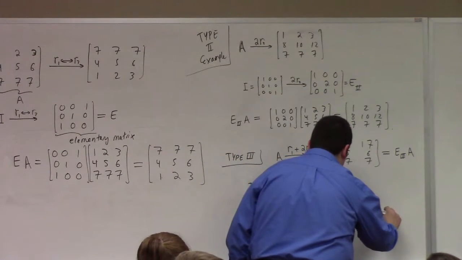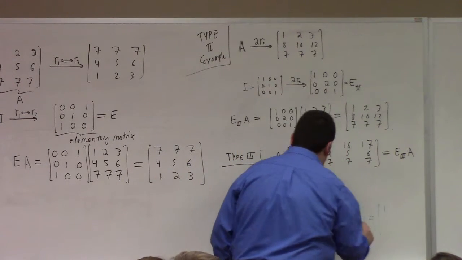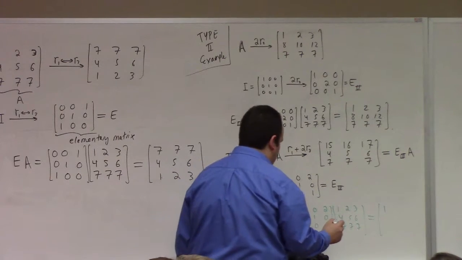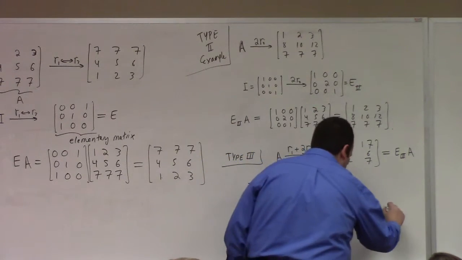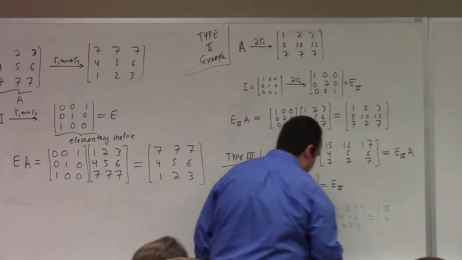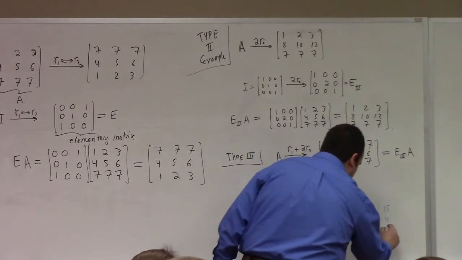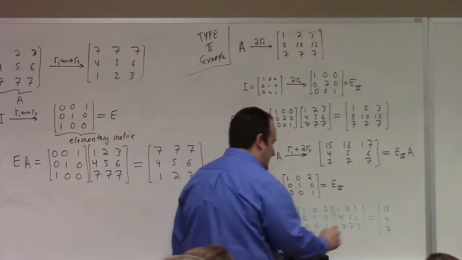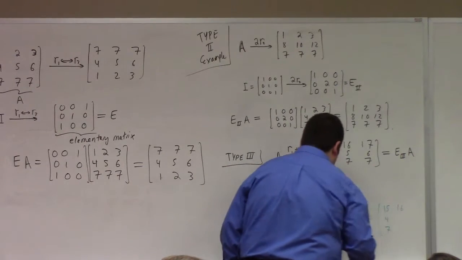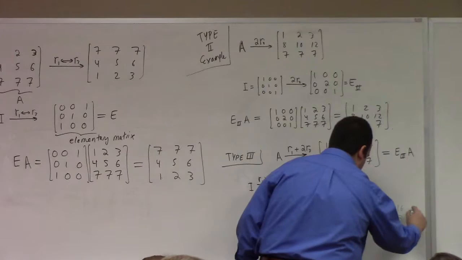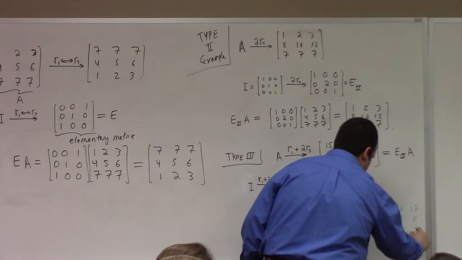Let's see here. Oh, we have 15. 2 plus 4, 16, 5, 7, 17, 6, 7, yeah.